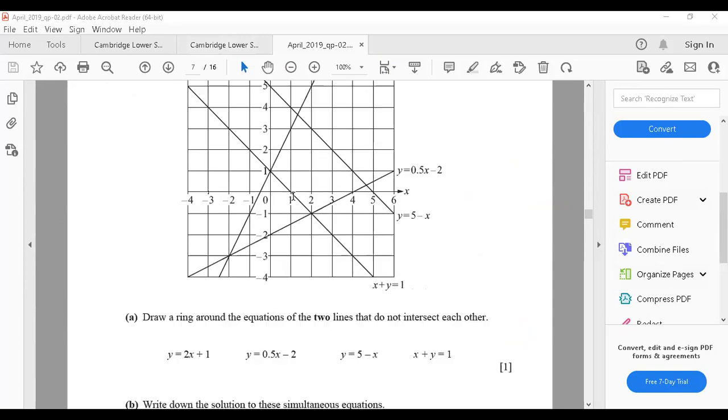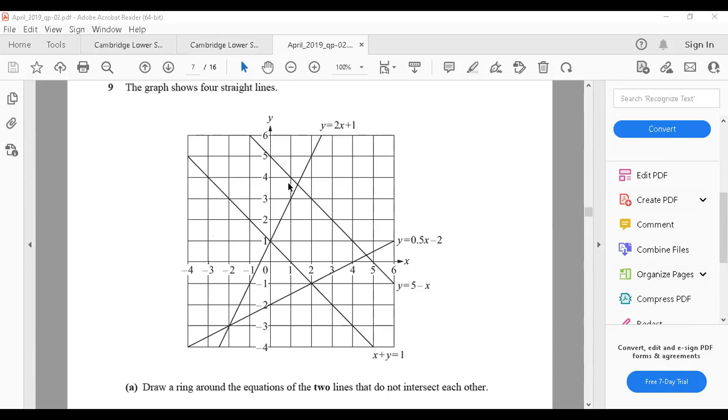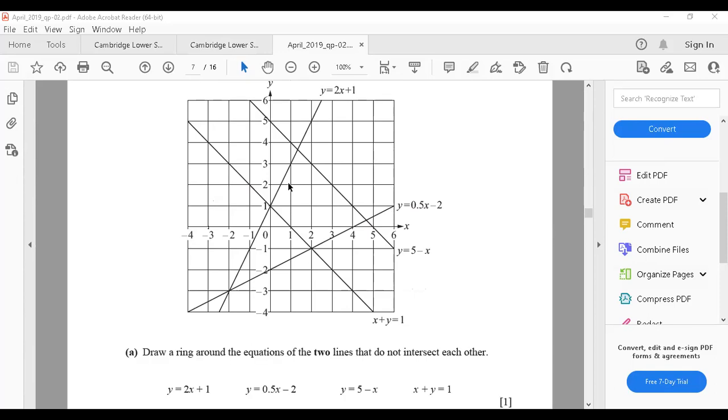Now here is the next set of graphs. It says the graph shows 4 straight lines. Write down the equations of the 2 lines that do not intersect each other. Which 2 lines do not intersect each other?